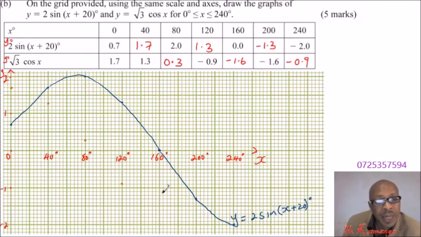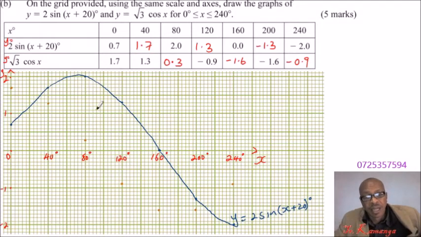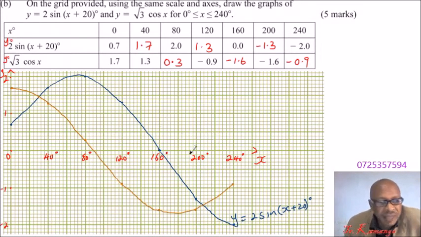When x is 160, y is minus 1.6. When x is 200, y is again minus 1.6. And when x is 240, y is minus 0.9. So you join these points using your free hand to come up with the graph of the function y equals root 3 cos x. This is the graph that you come up with, or something better than this.